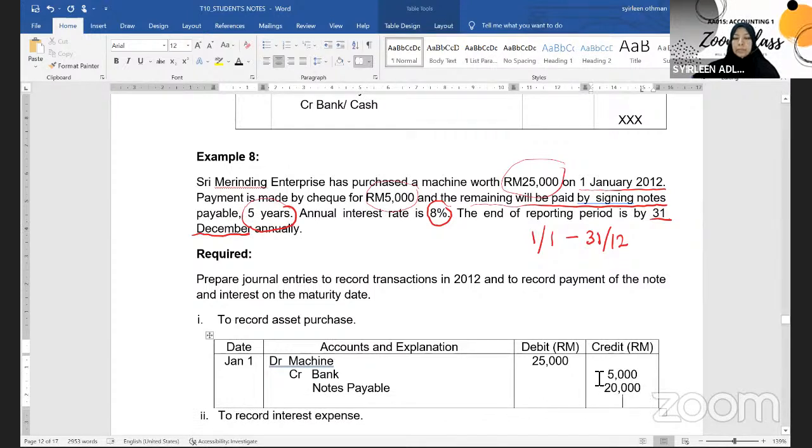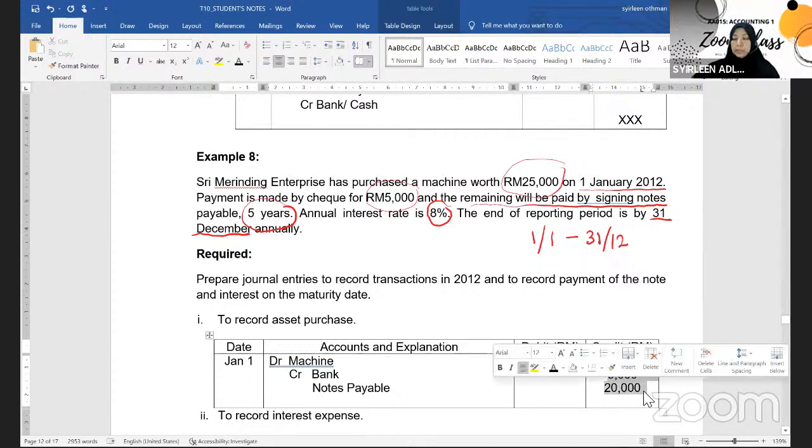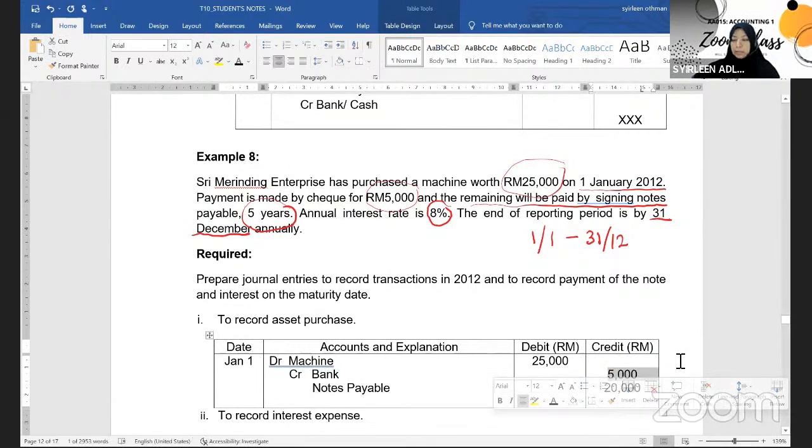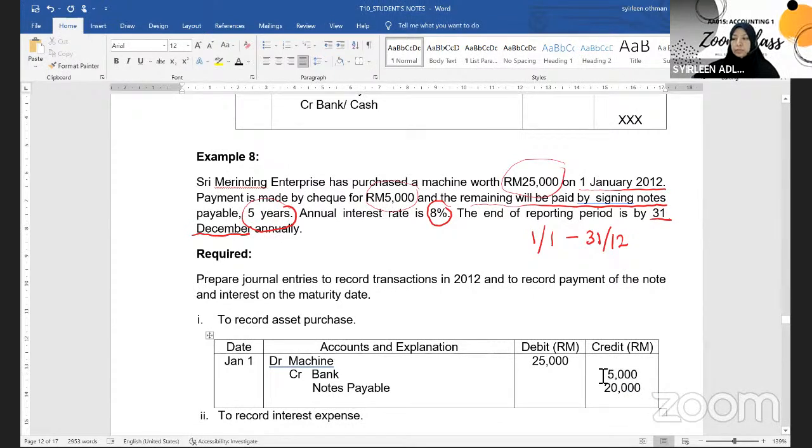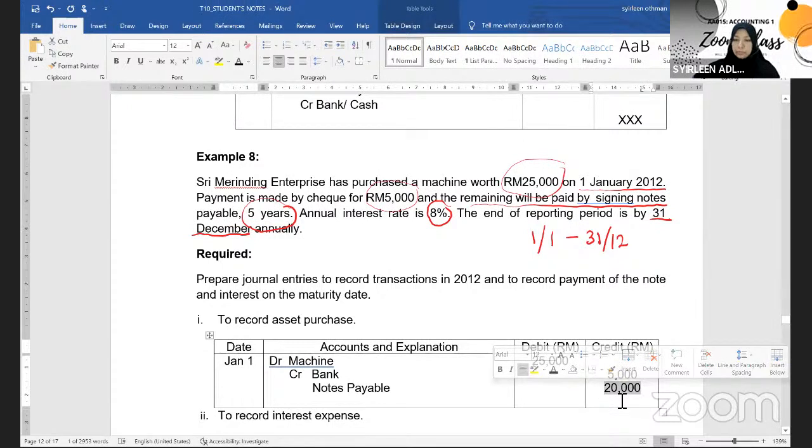So that means you don't owe anything to the supplier of the machine. Kita dah bayar penuh 25,000. It's just that this 5,000 is from your pocket money, withdrawn from your bank accounts, but this 20,000 you need to borrow in the form of notes payable, and this money will be paid to the supplier of the machine.